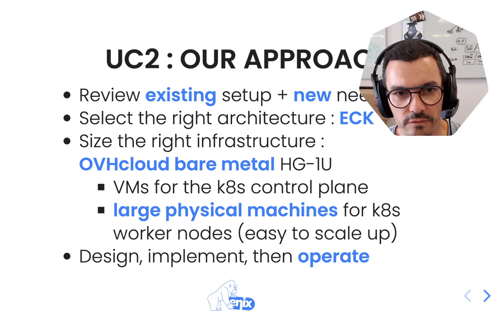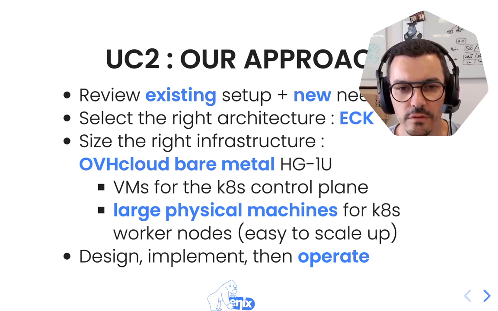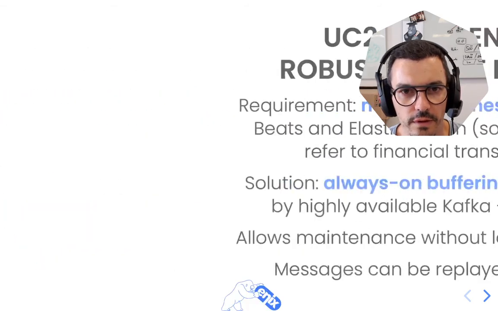So within OVHcloud we chose the HGR-HD1U. These devices were used for the worker nodes, the ones running Elasticsearch, but we kept the control plane and master nodes on standard virtual machines. So all in all, we had to design the architecture, implement it, and then operate it, and we're still operating the cluster today.